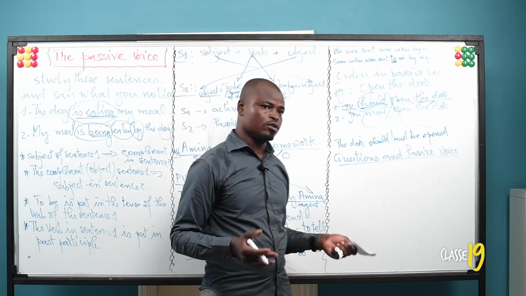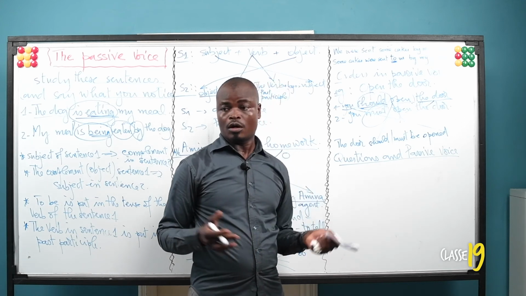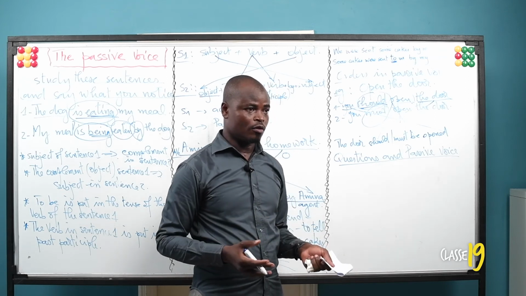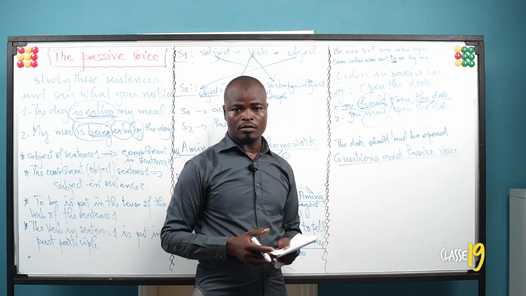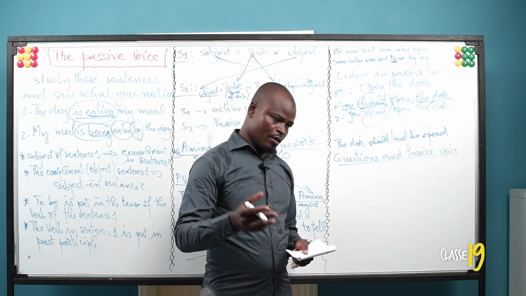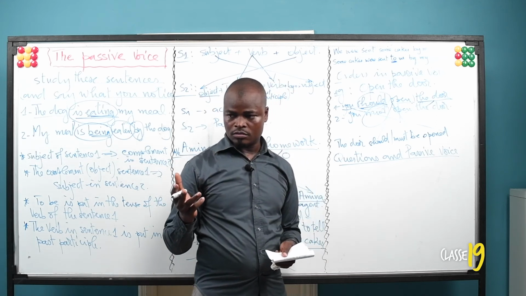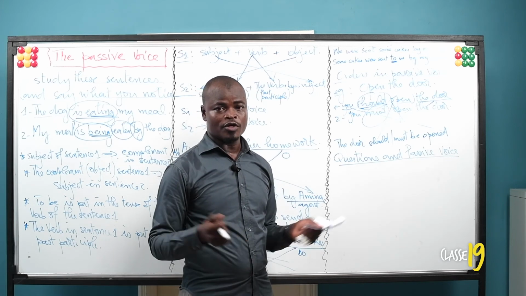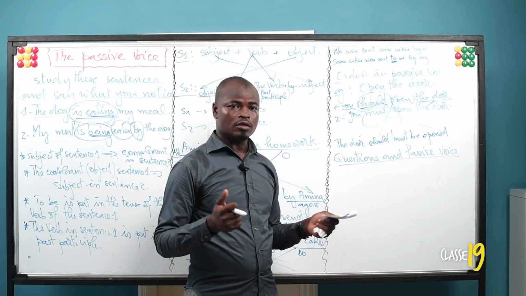In other words, to put a sentence into interrogative form, we just put the auxiliary before the subject. We have two kinds of questions: yes or no questions and WH questions. First of all, let's talk about yes or no questions.